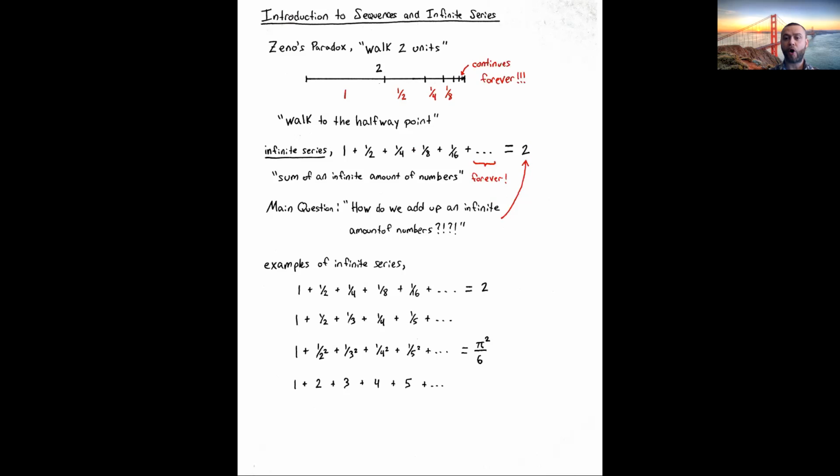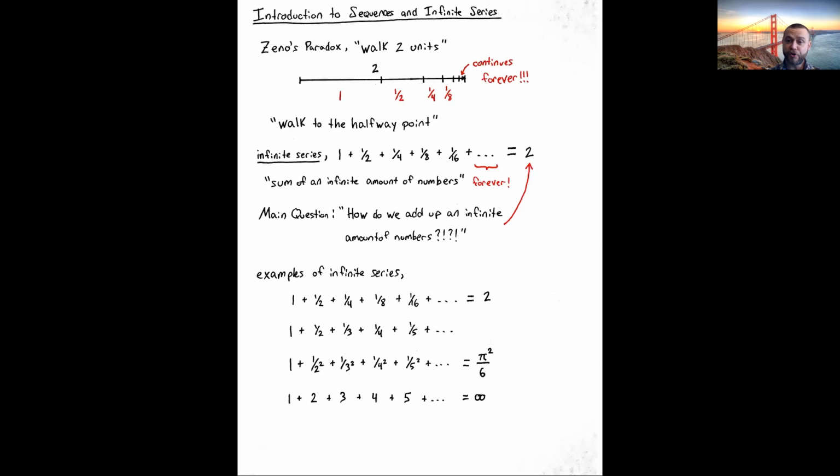That's going to be something we call the harmonic series. But the last one down there, 1 plus 2 plus 3 plus 4 plus 5, forever, we should be able to give a basic answer. Notice each of those numbers we're adding is getting bigger. So we should be able to say, in some sense, that the sum is infinite. If we were to add up all the counting numbers, we should get infinity.